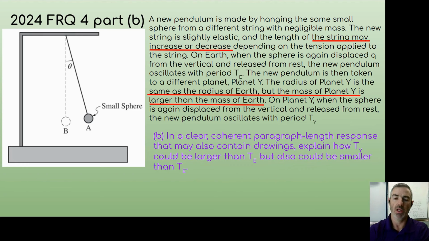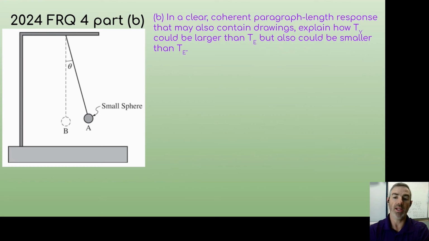To formulate our responses, we're going to look at a set of equations. First, the equation we derived for part A: g is equal to capital G m over r squared, which helps us figure out the g value. And then the period of a pendulum equation: T equals 2 pi times the square root of L over g.